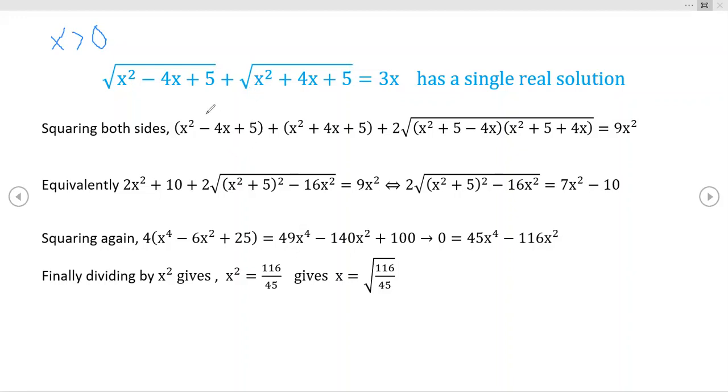Notice that if you're thinking of this as (a plus b) quantity squared, this would be your a squared right here, and this would be b squared right here.